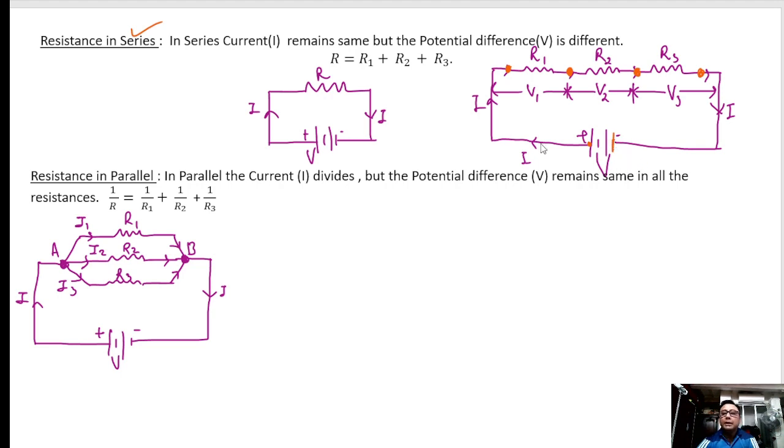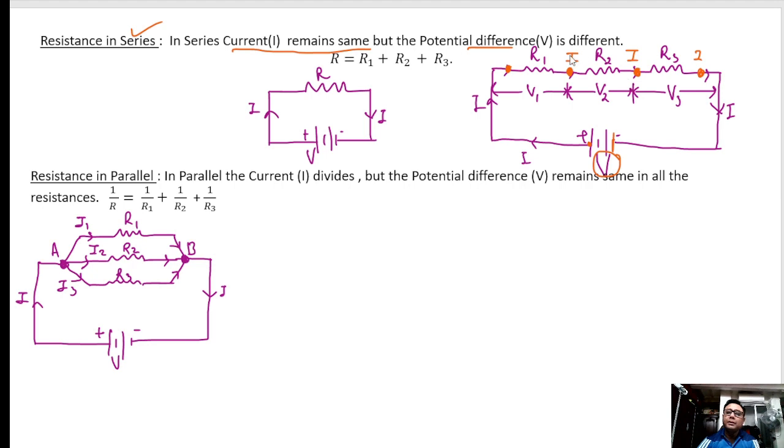Clear? That means when the current is passing like this, it is flowing equally through all the resistances. So in this case, what happens? The current remains the same. Potential difference varies. The total voltage V is divided as V1, V2 and V3 among the three resistances.